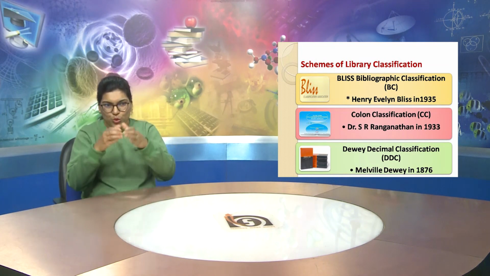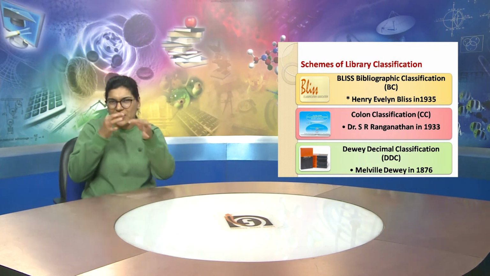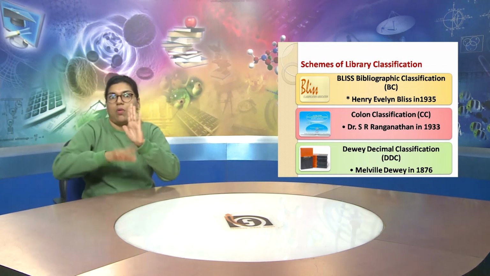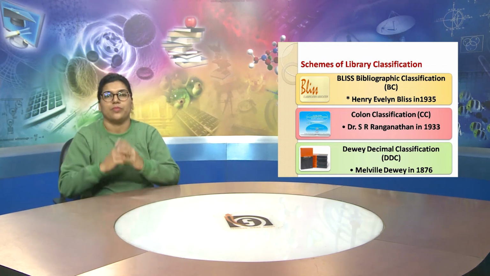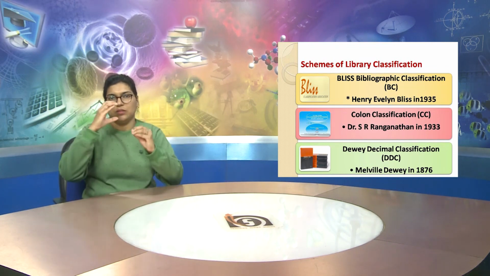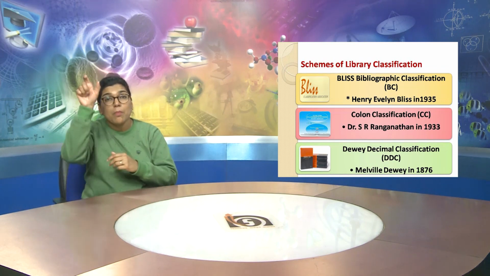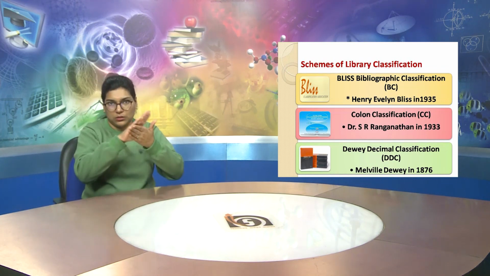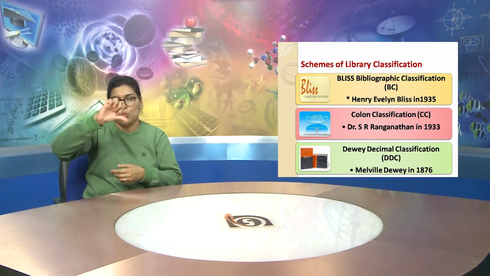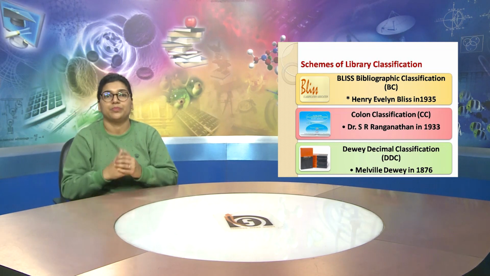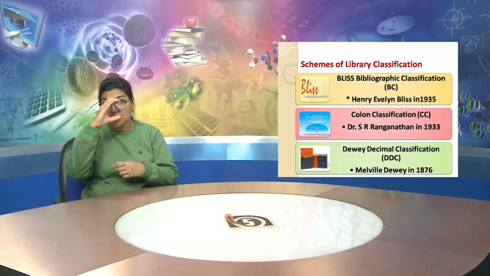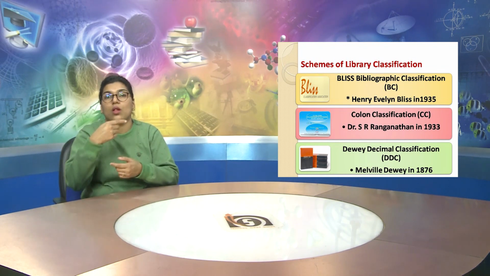Library classifications. We already understood that there are some classification types. DDC we have understood and CC we have already understood. So there are some schemes of library classification which we should be aware of. One type is Bliss Bibliographic Classification, and the second type is CC.